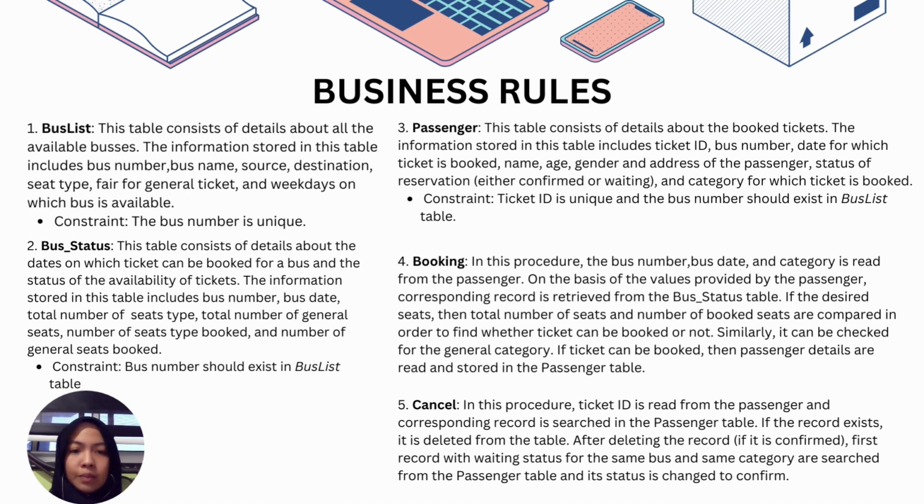So the table has the constraints that the ticket ID is unique, like I said before, and the bus number should exist in the bus list table.